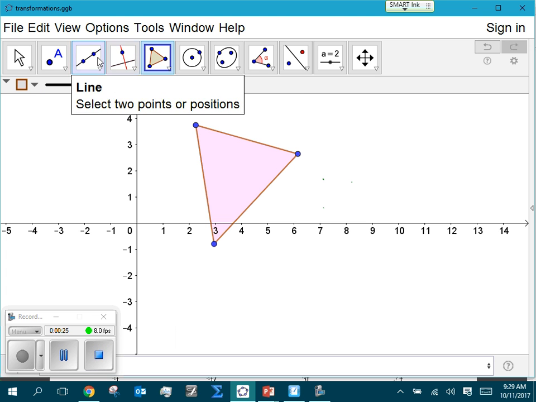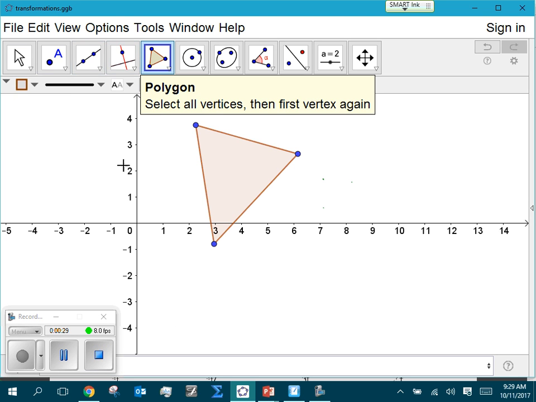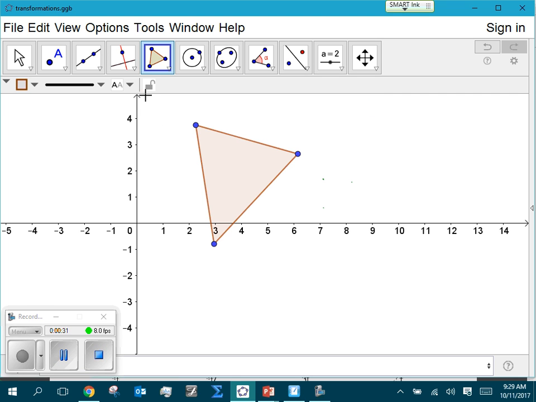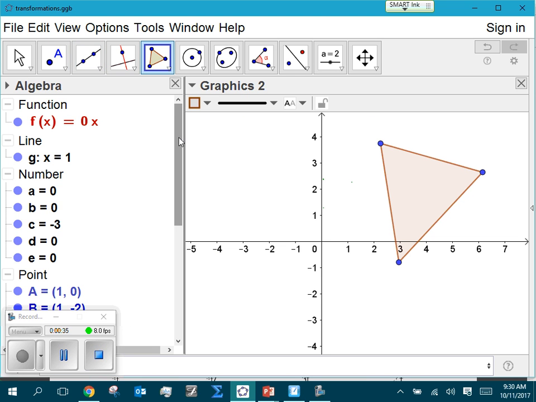And I asked you, can you take that graph? Can you take every one of these ordered pairs?